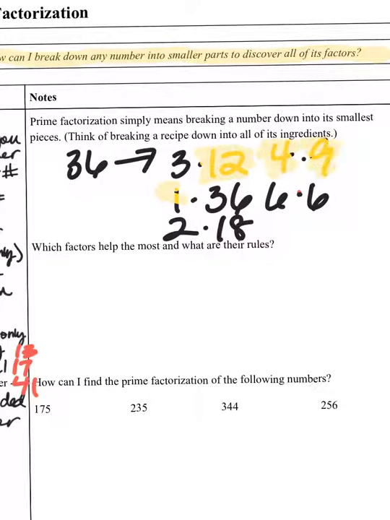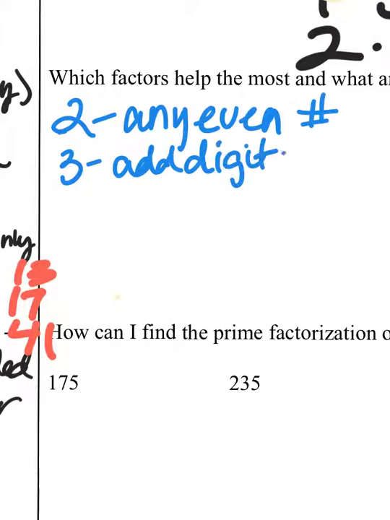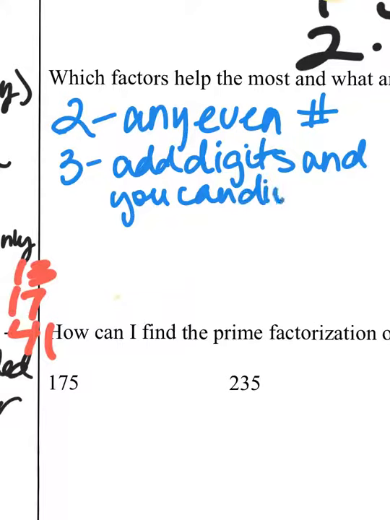Any number that's divisible by 3, if you add the digits up and you can divide that sum by 3, that number is going to be divisible by 3.